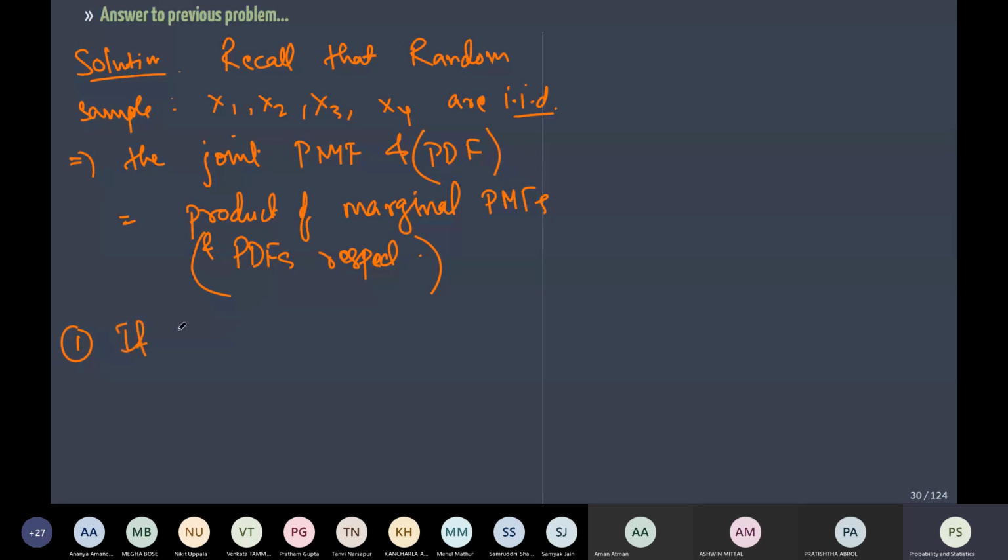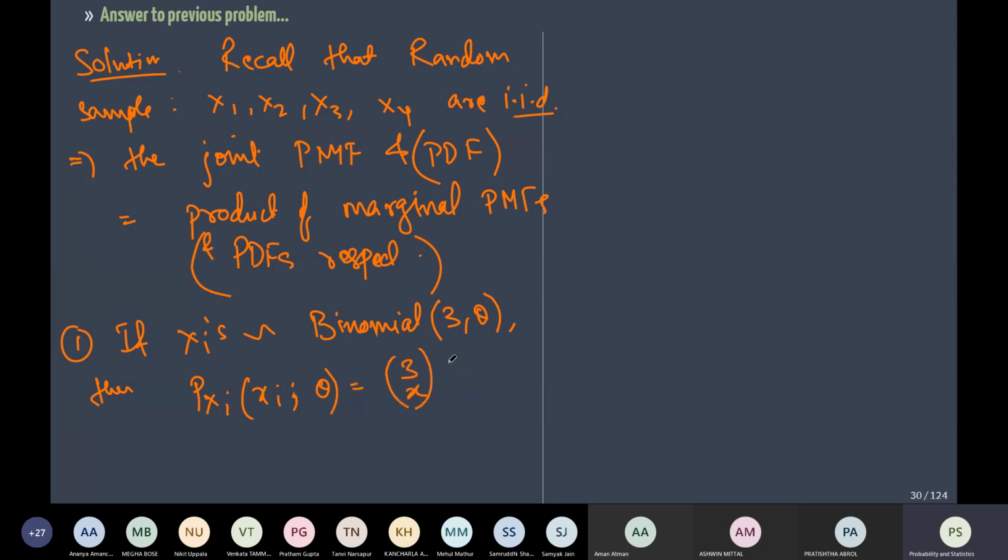If the xi's are binomial, in the first case, with parameters 3 and theta, then the marginals we know: the marginal of xi given theta is C(3, x) theta^x (1 minus theta)^(3 minus x).